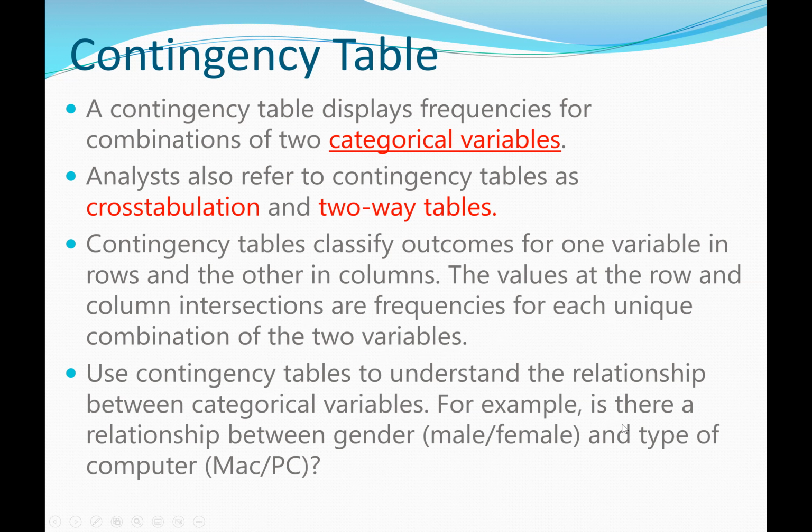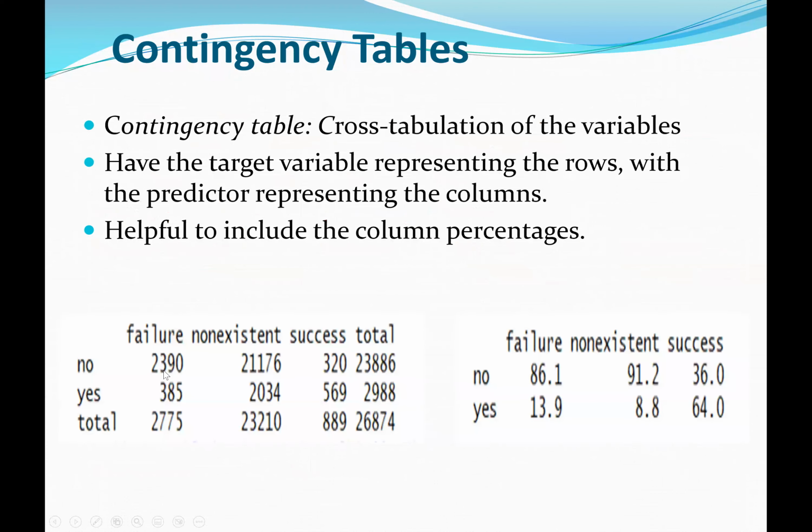So, for example, here we ask, is there a relationship between gender, male and female, and response? So we have response either yes or no, male and female, 2 by 2. Or is there a relationship between Mac or PC computers? So this is an example of a contingency table, which is, again, a cross tabulation of the variables. Always have a target variable represent the row.